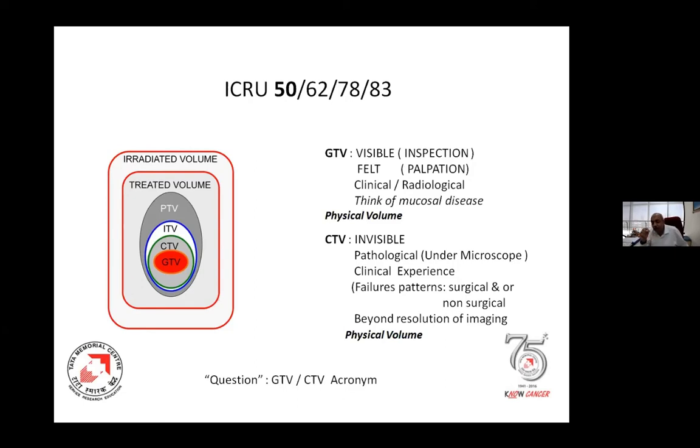But in a PET, you can see that even a node size less than a centimeter has lit up. That is the beyond I'm trying to say, the resolution of a simple CT versus a PET CT. But technically, the CTV is still a physical volume, unlike your ITV or a PTV. Got my point?